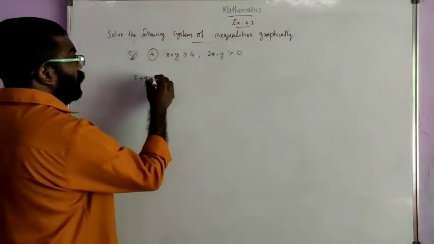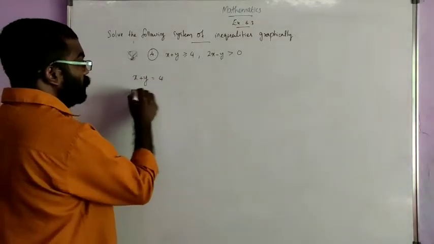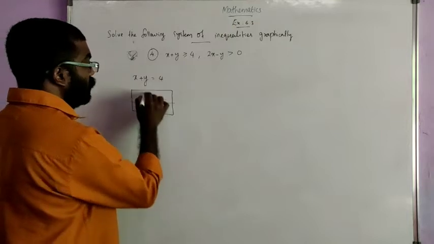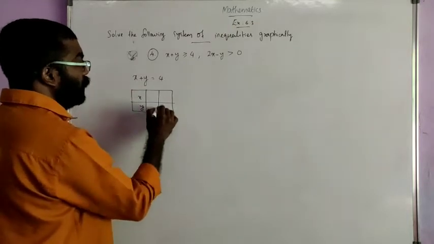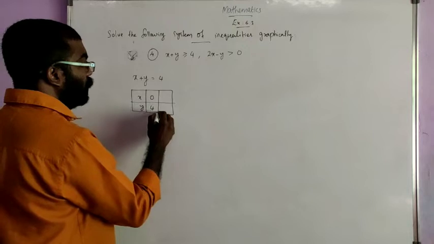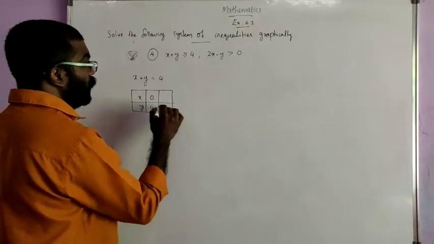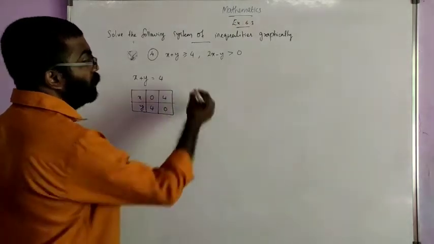x plus y equal to 4 implies, here x and y: when x equal to 0, y equal to 4, and when y is equal to 0, x is equal to 4.